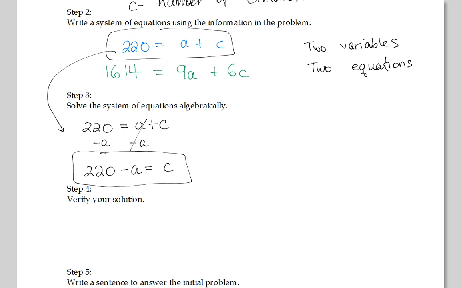So what do I have to do now? I've got to use the other equation to help me with this. Where does this equation for C go?